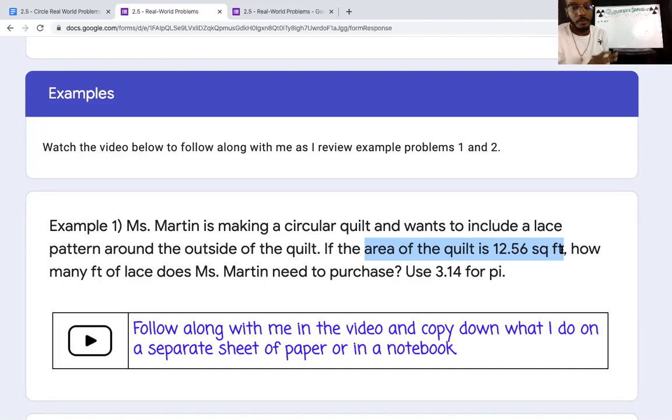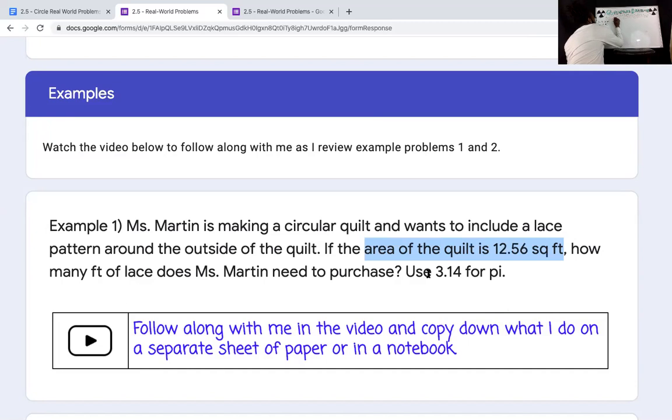I'm just going to put it to the side. You're going to do this in your notebook the same way I've done it on my board. How many feet of lace does Miss Martin need to purchase? Use 3.14 for pi. So I also know that pi for this problem is going to be equal to 3.14.